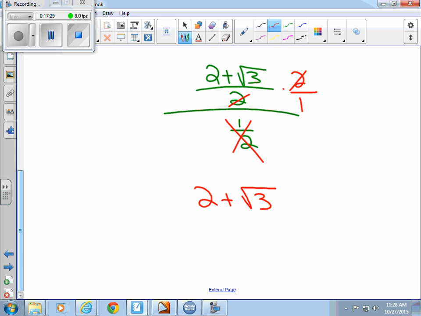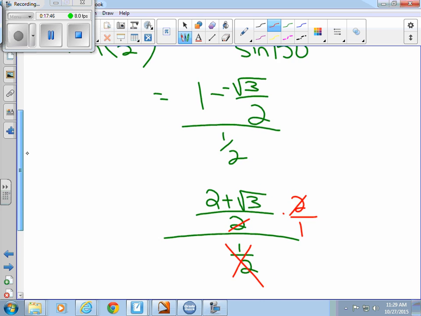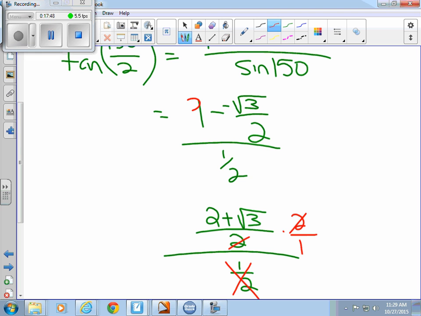That is the same answer that you would have gotten if you used the sum or difference formula on the tangent of 75. Any questions about that one? How do you just get 2 plus root 3? So that's 2 over 2 and then the negative.